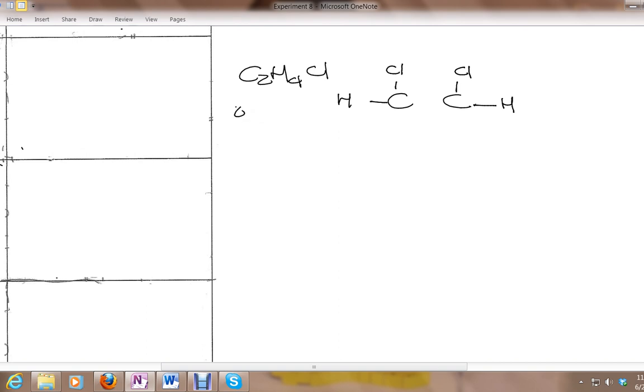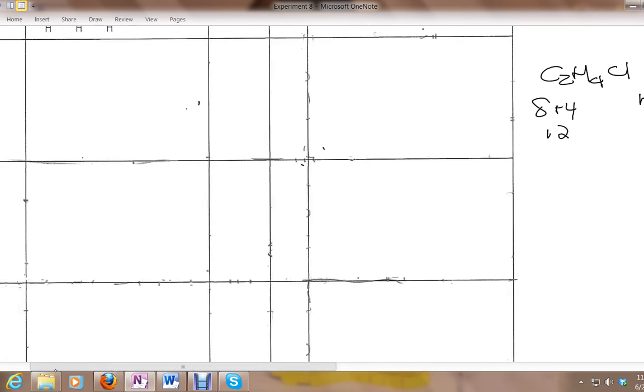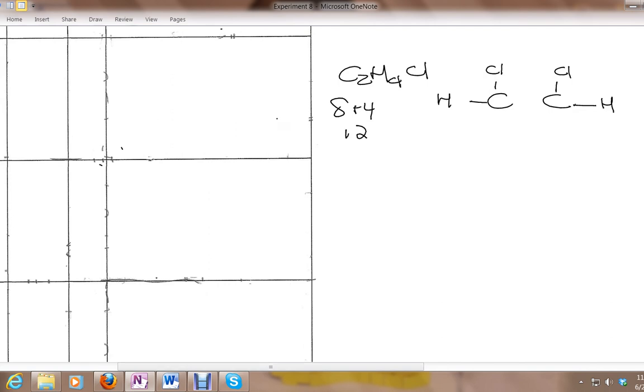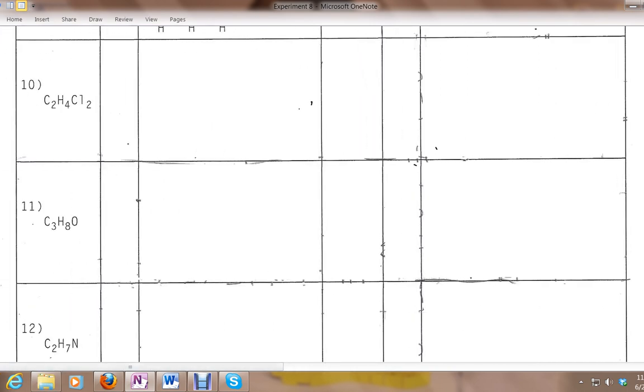Count the electrons. 8 plus 4, 12. Plus, it has only one Cl or Cl2? Cl2, yeah. And plus 14 is going to be 26. So let's start by putting the electrons here.